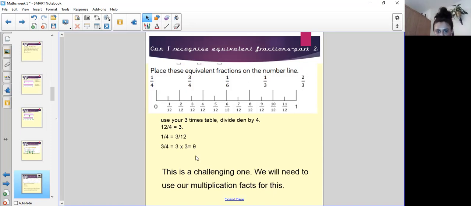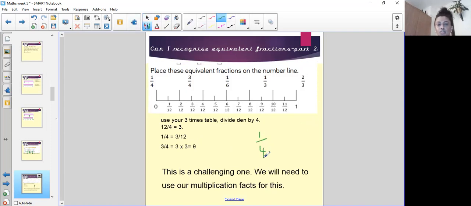So if we take, for example, 1/4, where is 1/4 going to be on our number line? So I'm going to write a quarter here, and where would I move that quarter to?